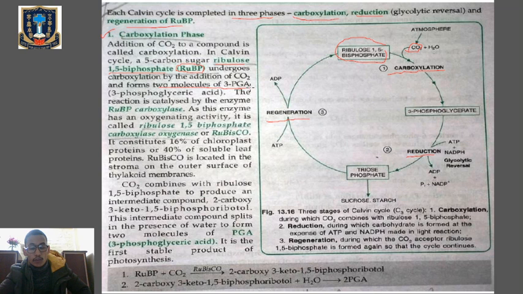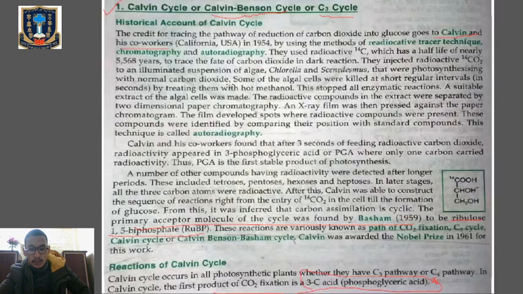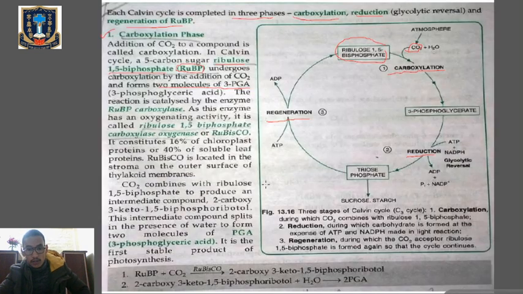PGA means phosphoglyceric acid. If you remember, I told you that the first product of carbon dioxide fixation is a 3-carbon acid called phosphoglyceric acid. So during carboxylation, RuBP undergoes carboxylation by the addition of carbon dioxide, and it forms 2 molecules of 3-phosphoglyceric acid.